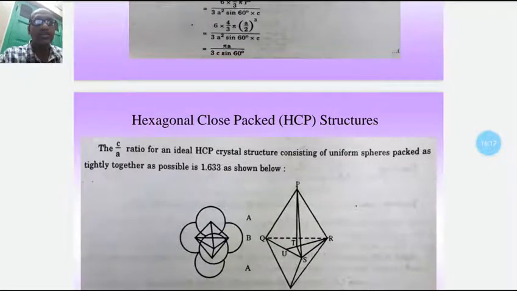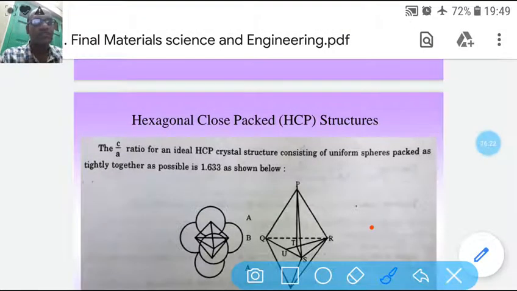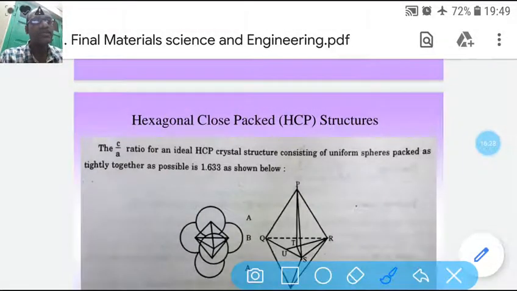As we can see, there are 3 interior atoms shown here in this figure. So this atom, and this atom, 3 interior atoms are there. And on the upper side 1 face atom, on the lower side 1 face atom.